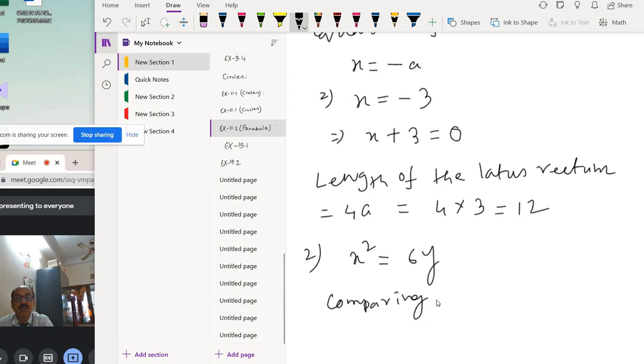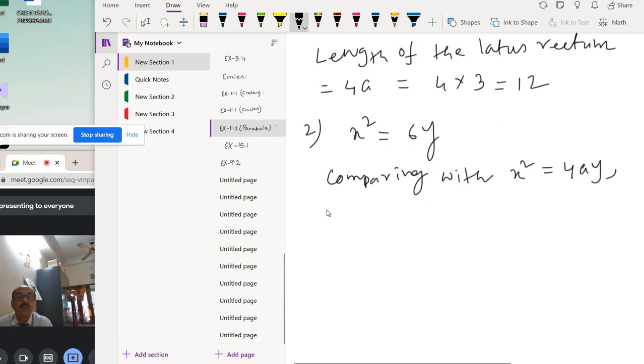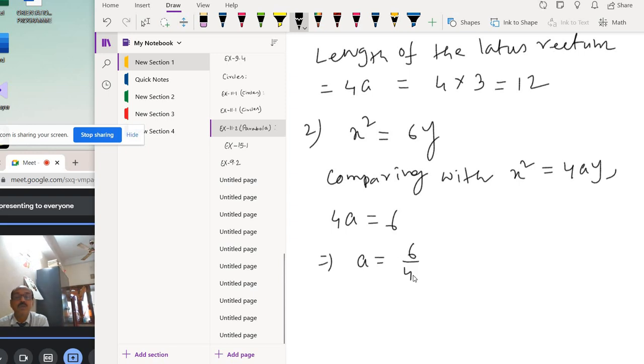So comparing with x square equal to 4ay, 4a is equal to 6. So a is equal to 6 by 4, which is 3 by 2.